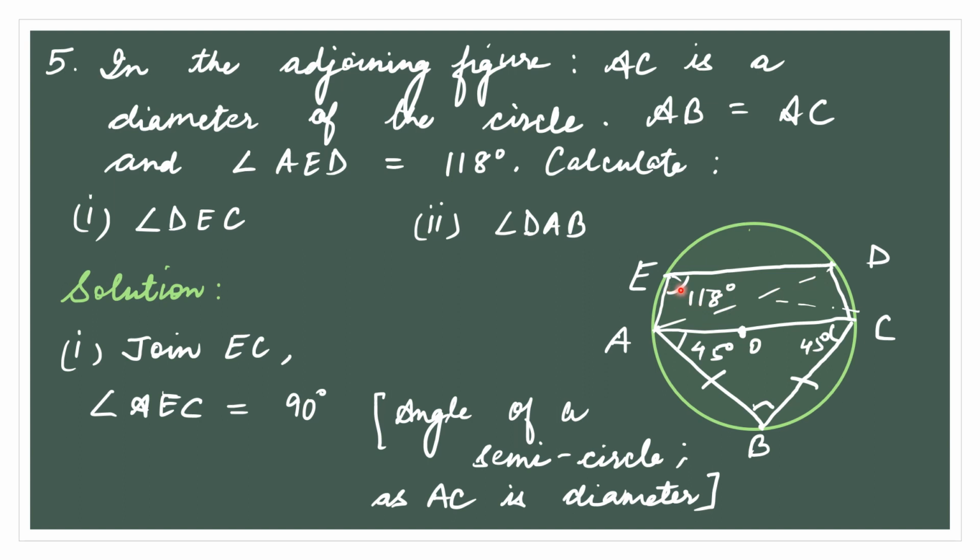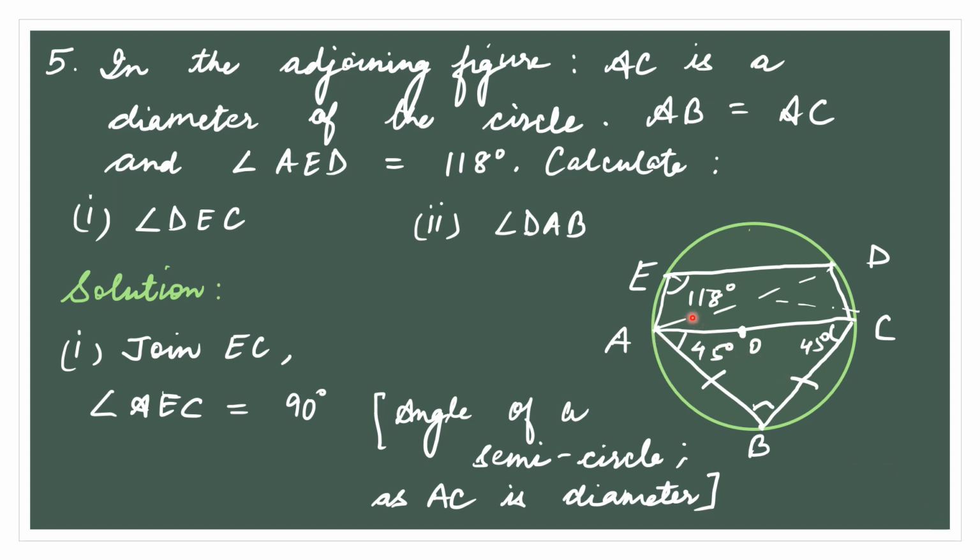So angle AEC will be equal to 90 degree. So what will be the angle DEC? That will be 118 minus 90 degree. That will give you 28 degree, right? So angle DEC will be 28 degree. Now we have to find out DAB.